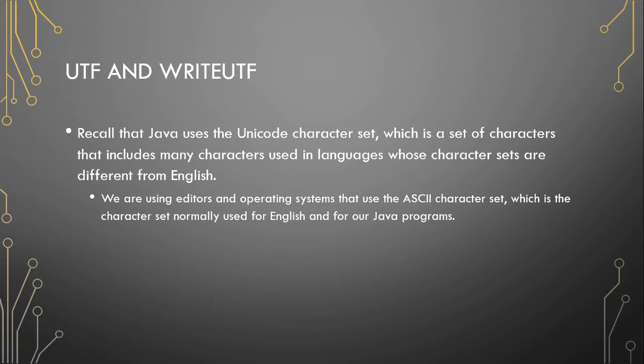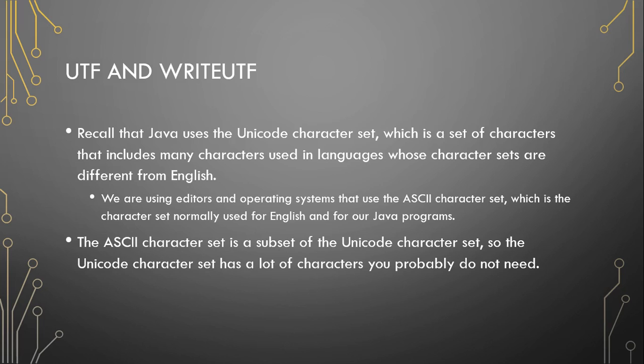Alright, so recall that Java uses the Unicode character set, which contains many characters in languages whose character sets are different from English. Now, we're using editors and operating systems that typically use the ASCII character set, which is the character set normally used for English and for Java programs. The ASCII character set is actually a subset of the Unicode character set. So Unicode has a lot of characters you probably don't need.